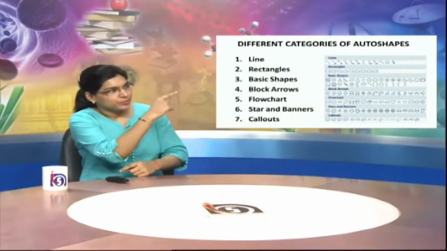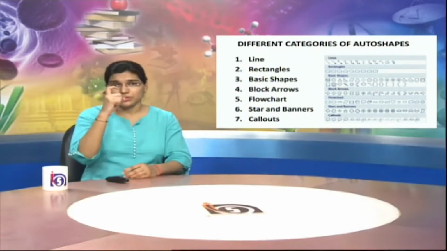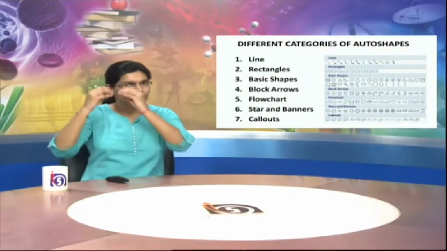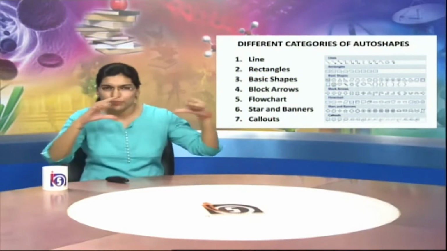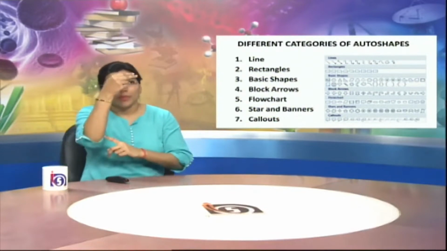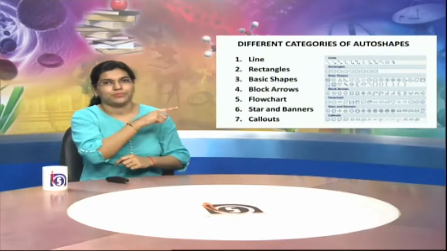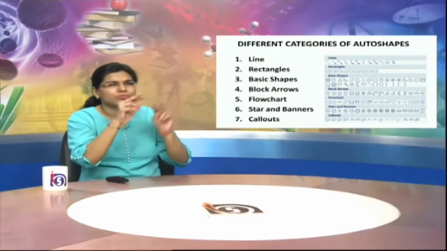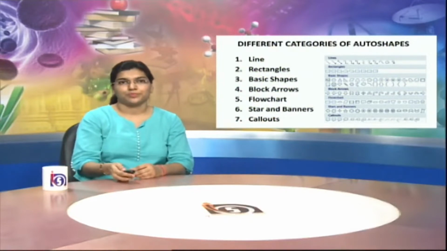That also you can see in the picture on the screen. And the seventh point, you can see the balloons, air balloon. When you speak, it can be shown in such balloons. These are known as callouts. In a picture when you see, it will be really very easy to understand.